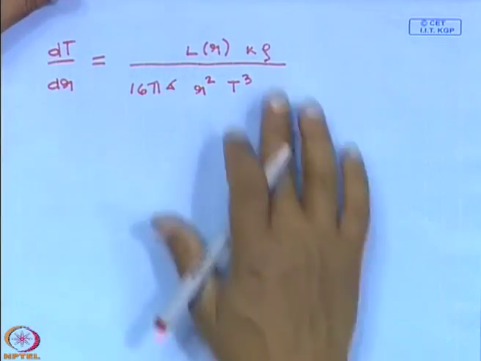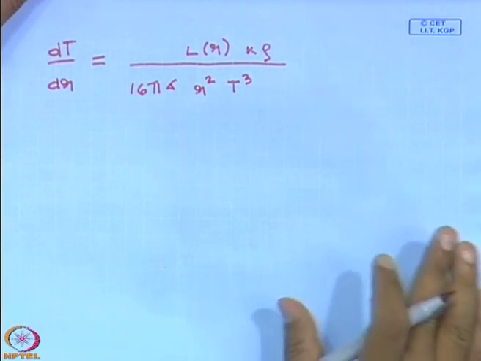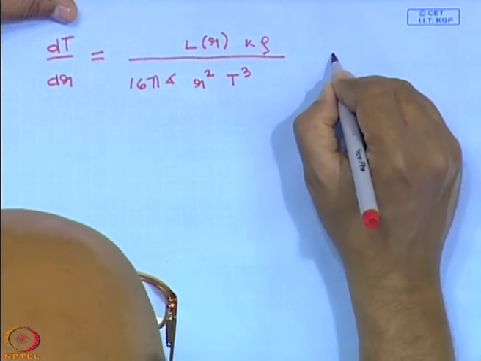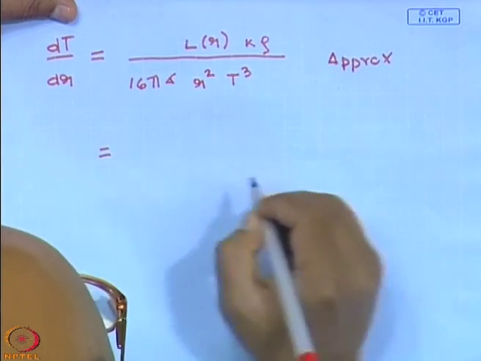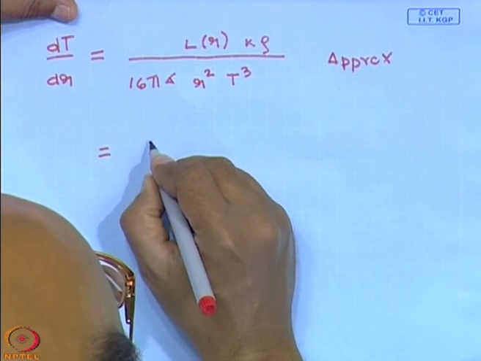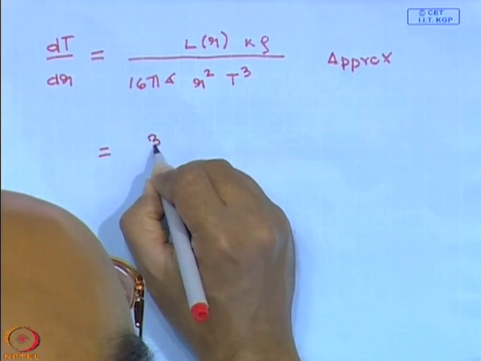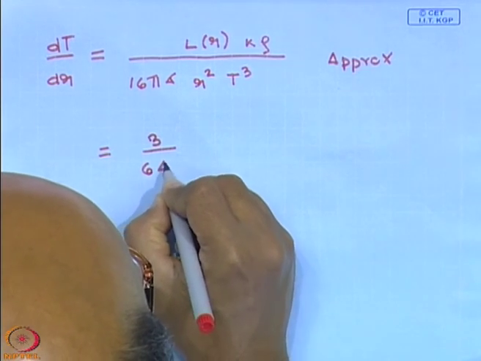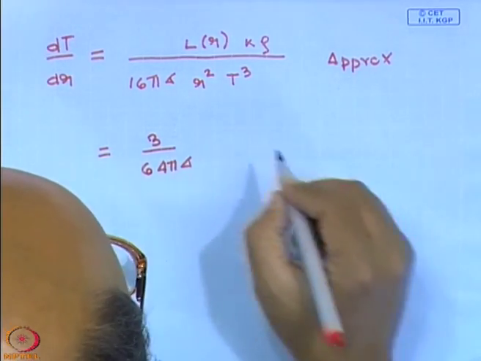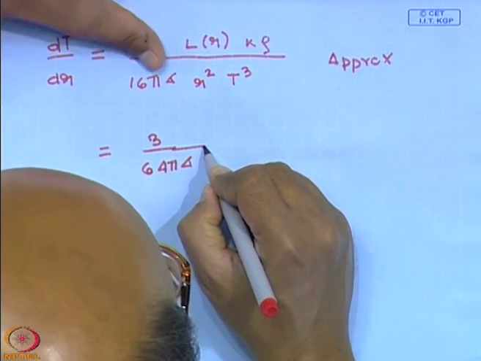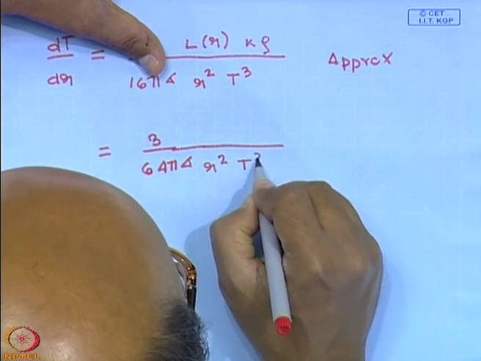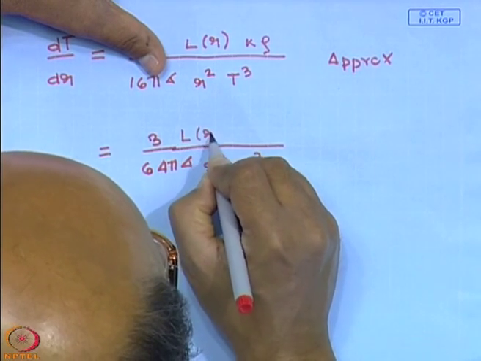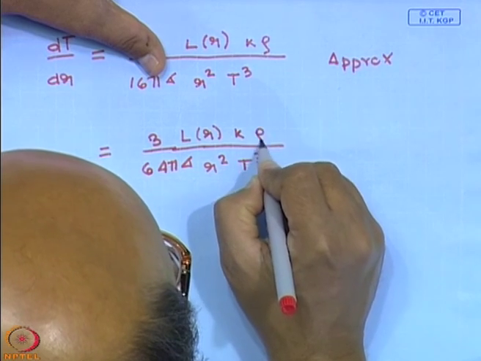This is an approximate formula that we have derived. Our calculation here has been rather approximate. If you do a more detailed exact calculation, what you get, instead of 1 by 16, you get 3 by 64 pi sigma r square T cube, times L r kappa rho.